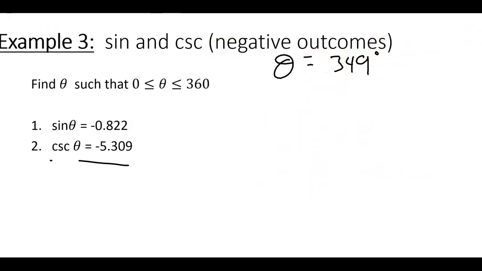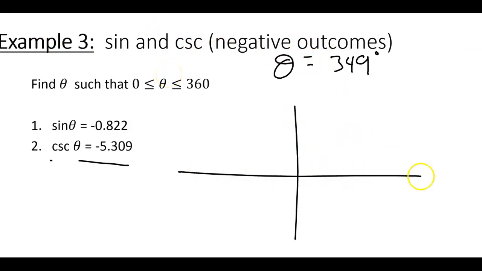All right. Now let's go ahead and find the symmetrical one. So 349 is going to be somewhere over here. So I know that this angle that goes all the way around here is the 349 degree angle. And I know that this little piece down here between the line and the x-axis is 11, because that's what my first answer tells me.